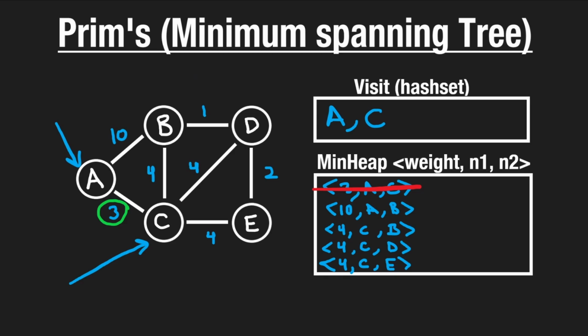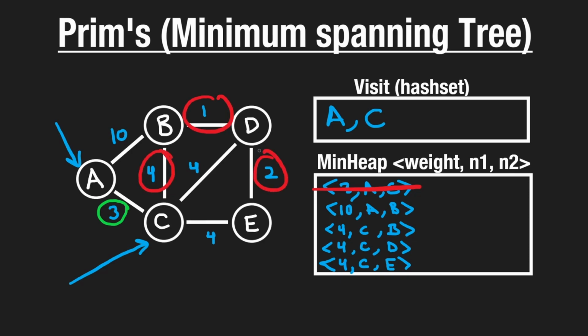Now, in this case, which one are we going to pop? Because we can pop any of these 3. Well, who knows? Depending on the min heap implementation, we might pop any of these 3. But it doesn't matter because regardless of which one of these we pop, we're going to end up with a minimum spanning tree, because there could be multiple solutions. Just to illustrate that, if this was the one that we popped first, then our minimum spanning tree would look like this.